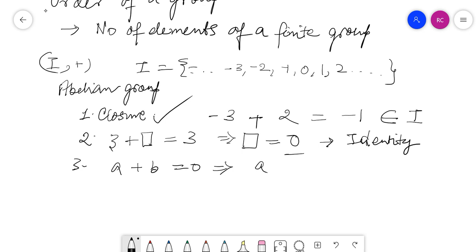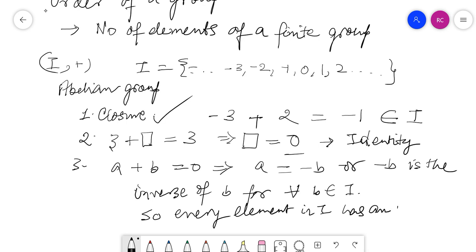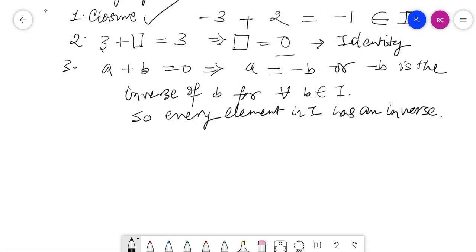So A is equal to minus B, or minus B is the inverse of B for all B belonging to I. So every element in I has an inverse. Okay.